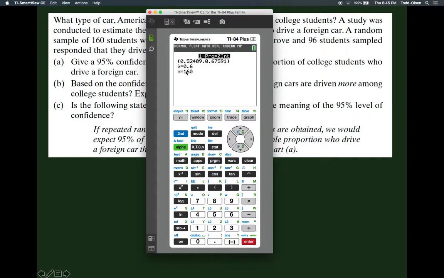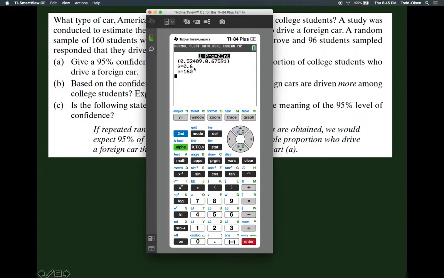And this is the point estimate that I talk about in the corresponding reading assignment. The point estimate is called p hat, and that's the sample proportion. Again, that's a notational thing. The circumflex over the p means sample proportion.